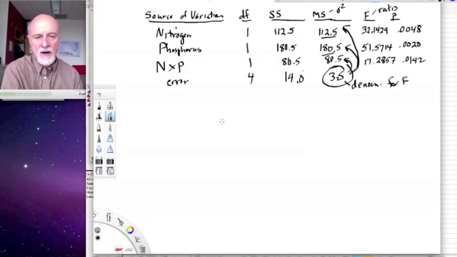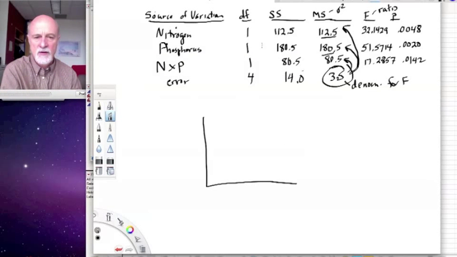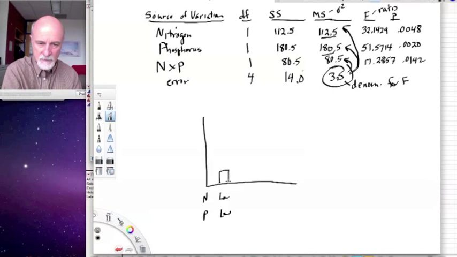So what we have is a case in this instance where, well, I guess I should look at those means. So I can look at it down here. If I were to plot these out, I have nitrogen and phosphorus, low and low, and that mean was 3. I'm just going to plot this out.